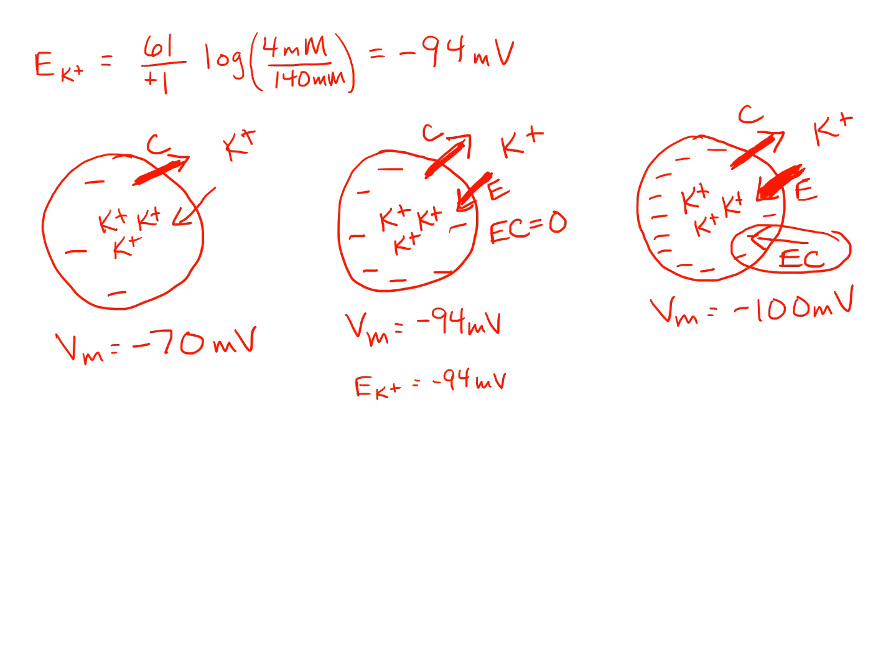And that's because there's not as many negative charges. Okay, so we're going to draw a thinner arrow telling us that the electrical driving force is not as strong as what it was at equilibrium.